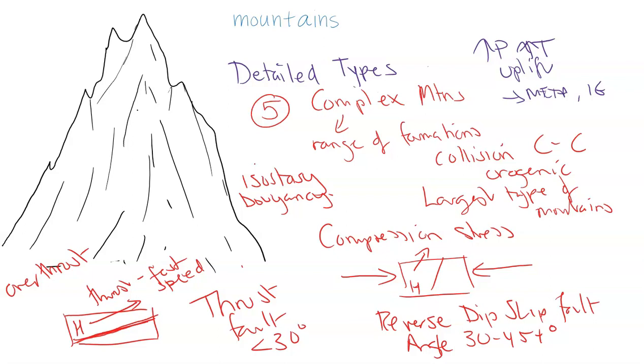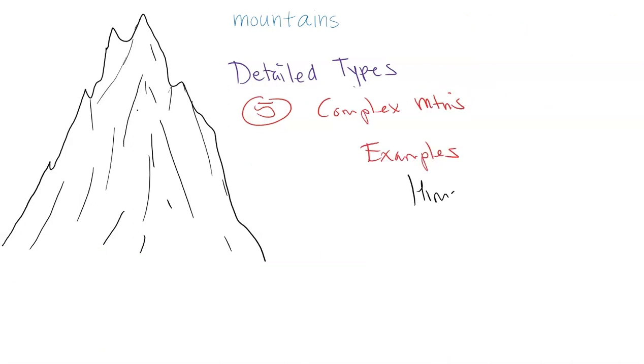So anticlines up there and synclines down. So classic examples are the Himalayas, the Alps, Rockies, and also the Ural Mountains. They're in Russia, Alps in Europe, Himalayas in Asia, and Rockies in the US of A.